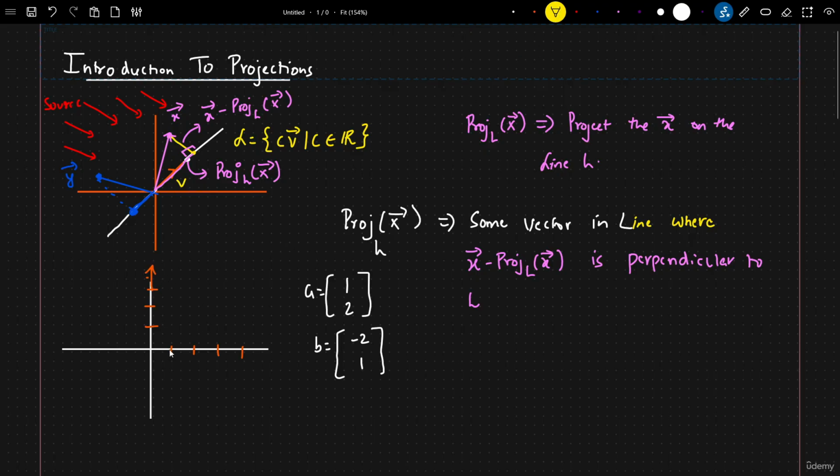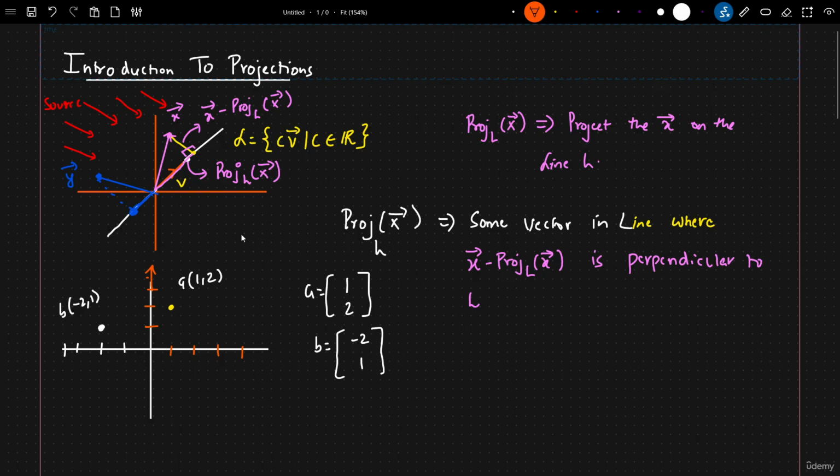So what is a, 1, 2? It basically means this is 1 and this is 2, so here is my point. Similarly, if I plot -2, 1, this is my 1, 2, 3, 4, so -2 is nothing but this one, and this is the point. So this is my a, specified by 1, 2, and this is my b, specified by -2, 1.